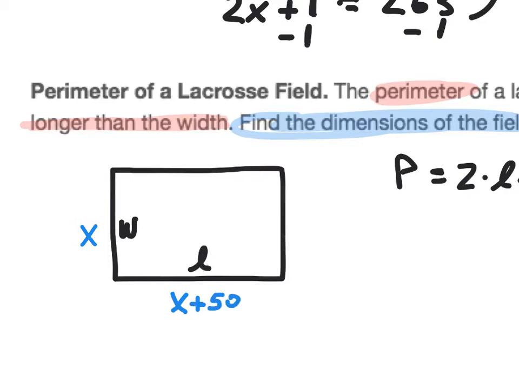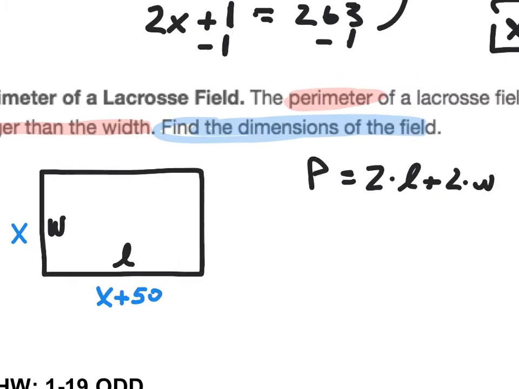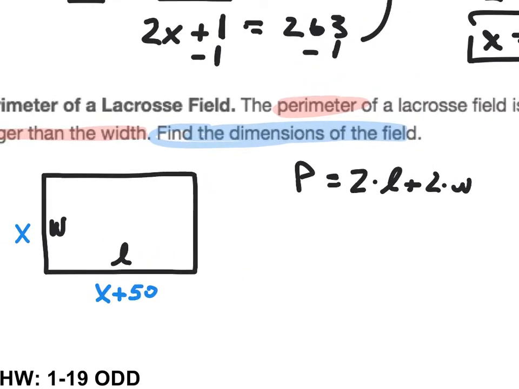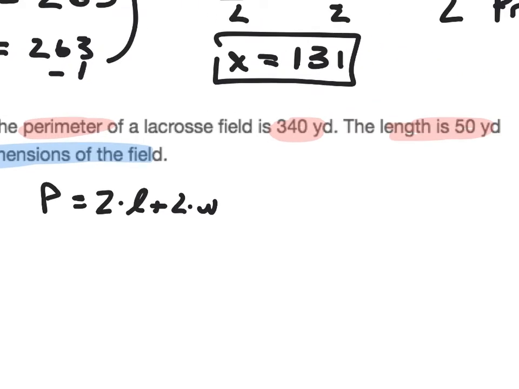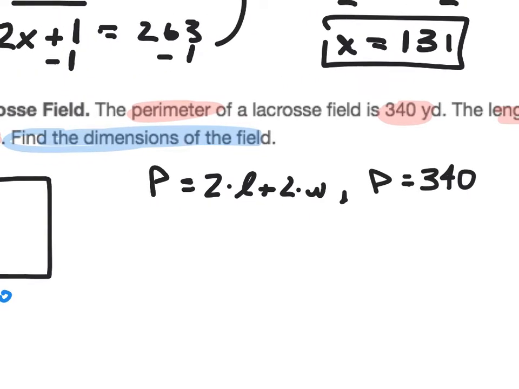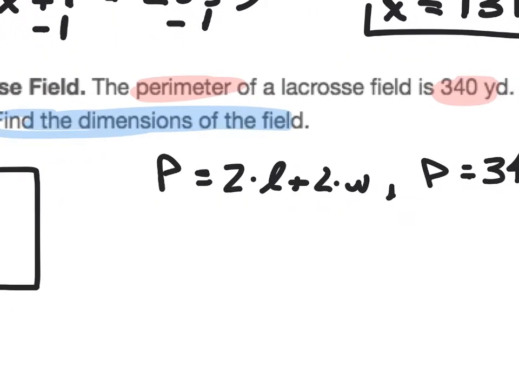Now I'm going to plug these values into my formula. The other thing that I know is that my perimeter, P, is equal to 340 yards. So I'm going to plug in 340 for P. 340 is equal to 2 times the length.